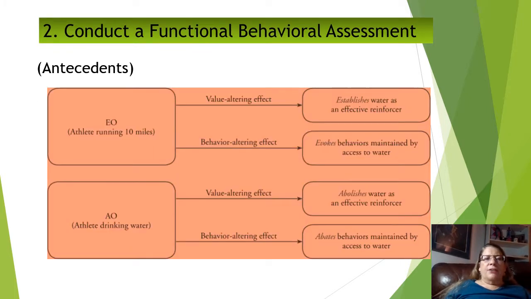All right, so another example of this is just showing your antecedents. When you have an athlete who's running 10 miles, then the establishing operation is thirst, in this case, in looking for water. And so water is going to be an effective reinforcer.